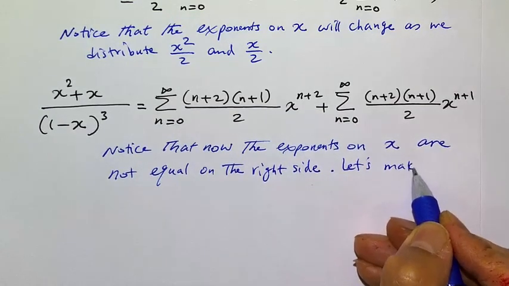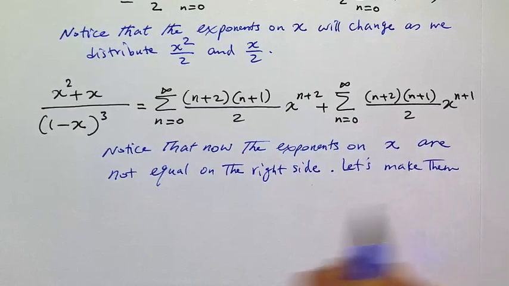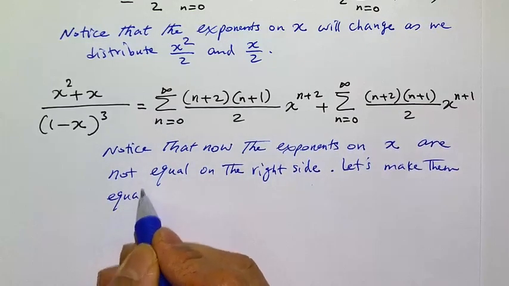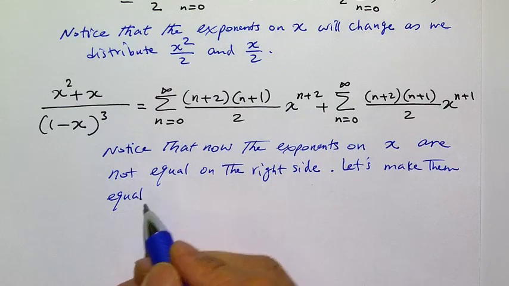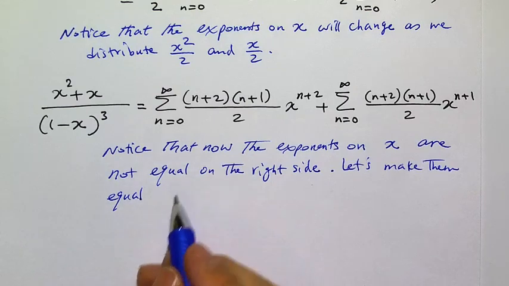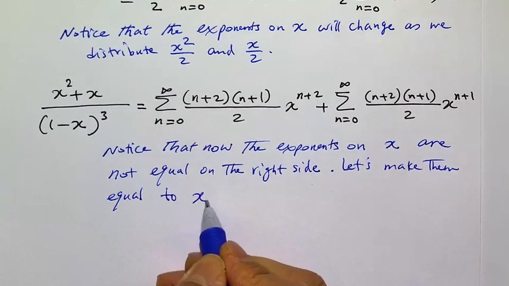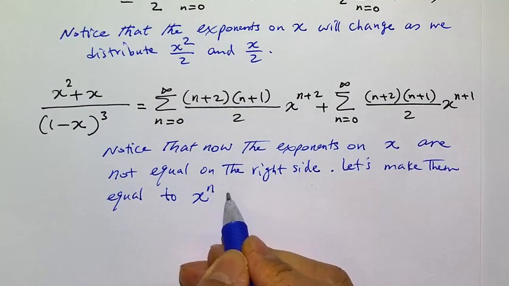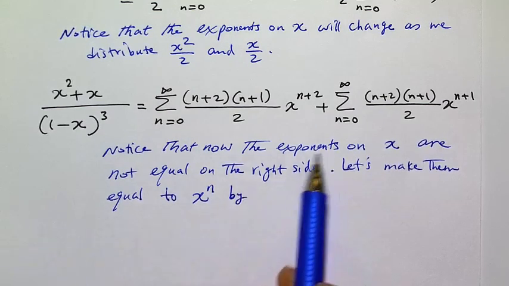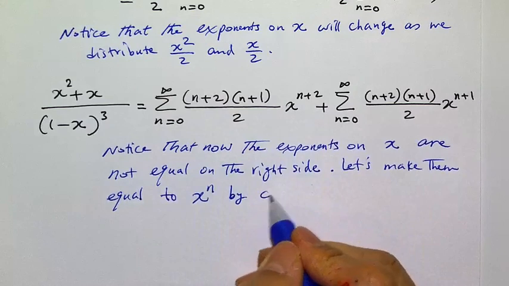So let's make them equal to x to the n power by changing the indices of the series.